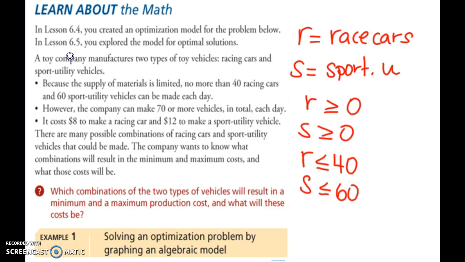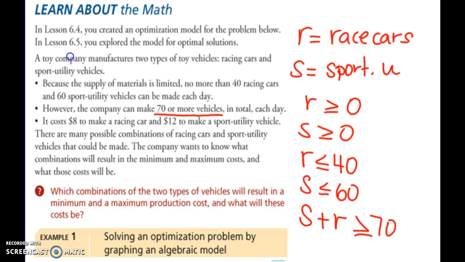It says, however, the company can make 70 or more vehicles in total each day. So 70 or more. So that would be out of the SUVs and the race cars, you could make greater than or equal to 70, because it's 70 or more. These would be our inequalities for the statement.